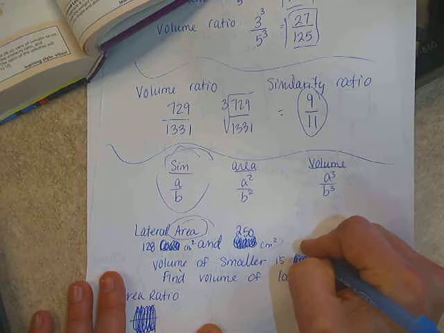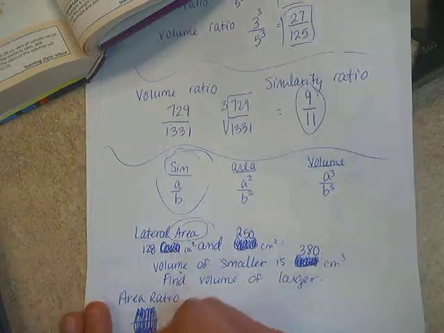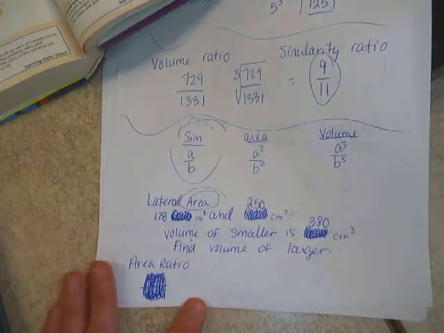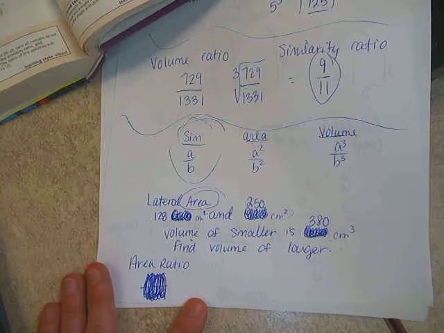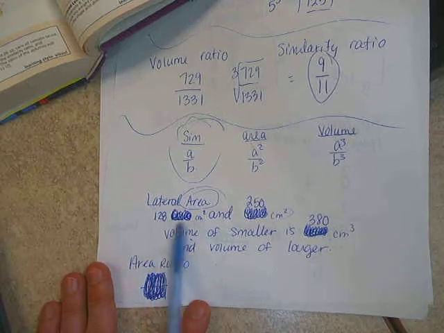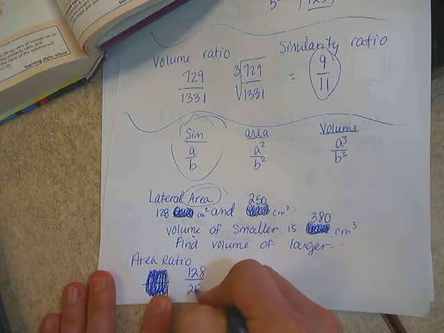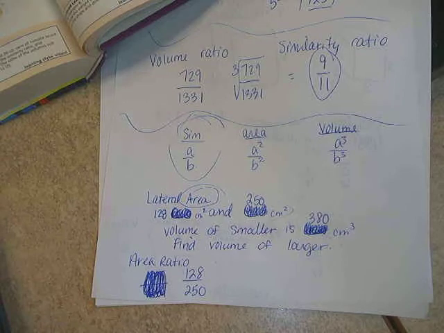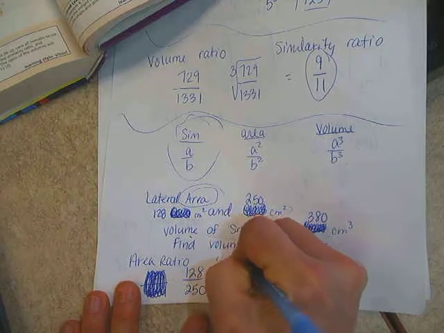We'll do 128 and 250. That's not a great one to start with. Okay, so 128, 250, and the volume of the smaller is 380.